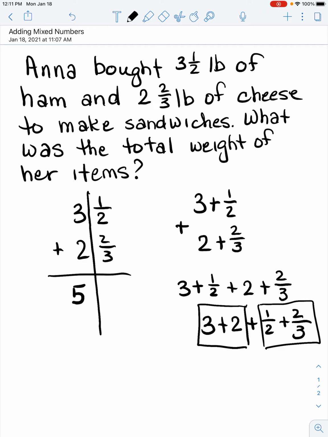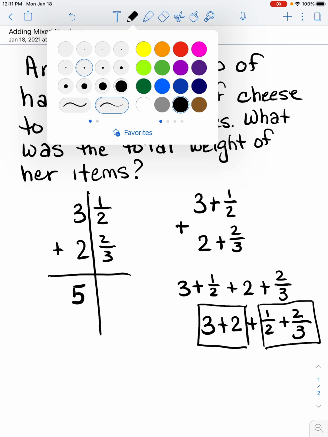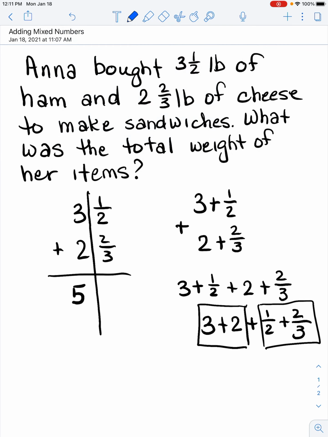And now I have to add my fractions. Now, this is just like any other fraction problem. I have to find a common denominator. So let me change the color just so we can do this. If I look, I have 2 and 3. I want to find the least common multiple. I have 2, 4, 6, and I have 3, 6. So I am going to change this into sixths.